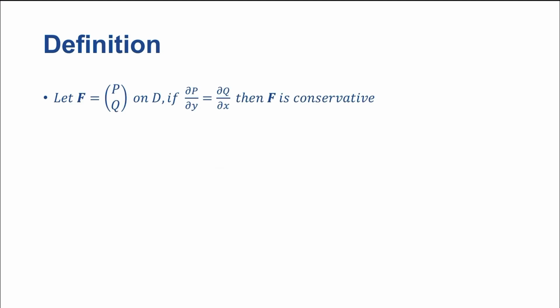The definition for a conservative vector field is that if F has components P and Q, and let P and Q be functions of x and y, so these are both functions of x and y, and they're on a domain D. Now, if I have that the cross derivative, so the derivative of the x component, P, with respect to y, is equal to the derivative of the y component, Q, with respect to x, then F is conservative.